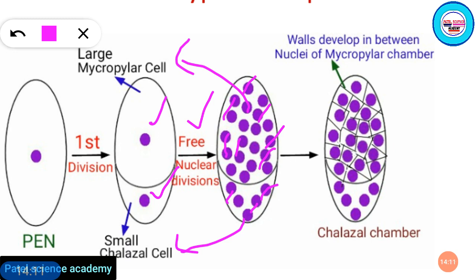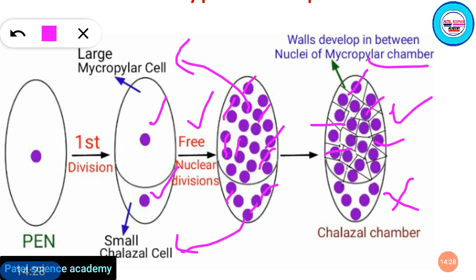The nuclei in the region of the micropylar chamber are surrounded by the cell wall. You can see here, the cell wall is developed in the region of the micropylar chamber, but there is no cell wall in this chalazal chamber.